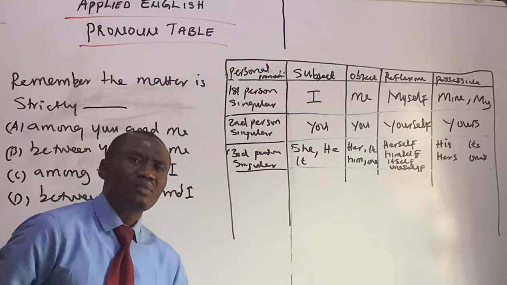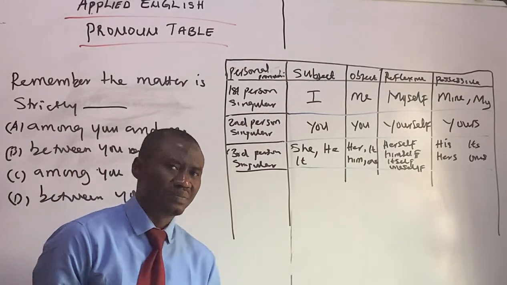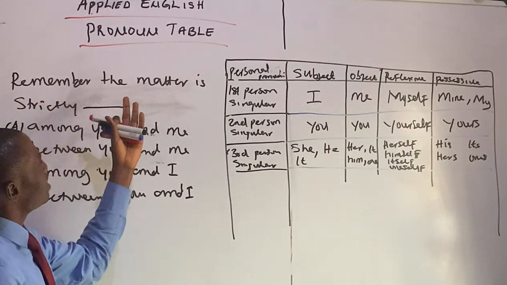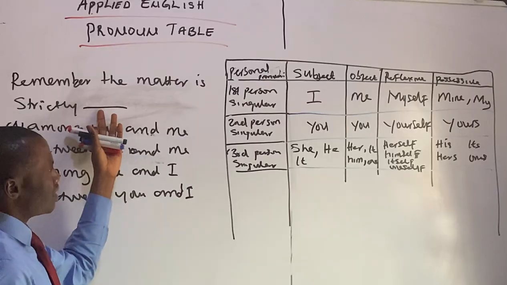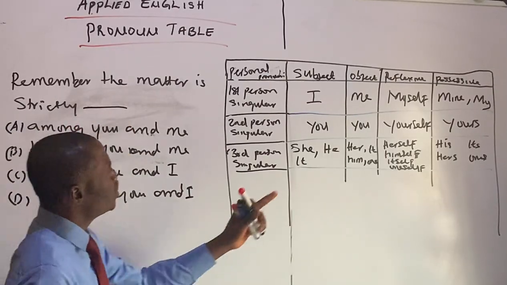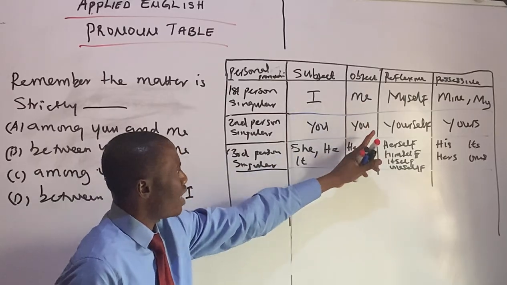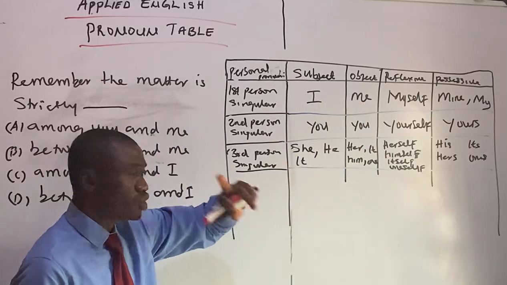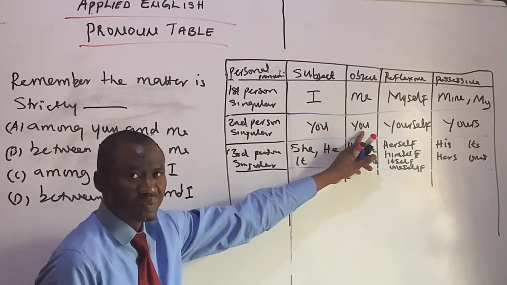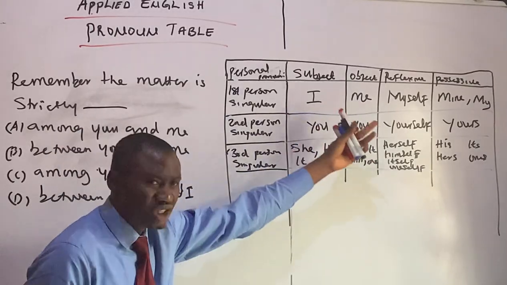How do we choose the right answer? In the sentence, "Remember, the matter is strictly...", at the object level, for the first person singular, you should use me. For the second person singular, you should use you at the object level.